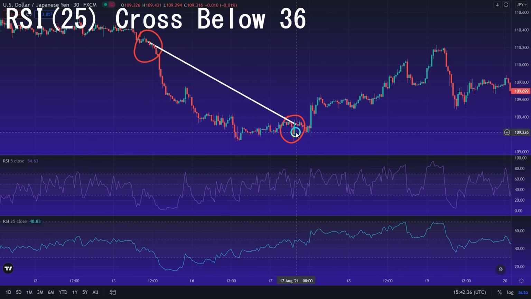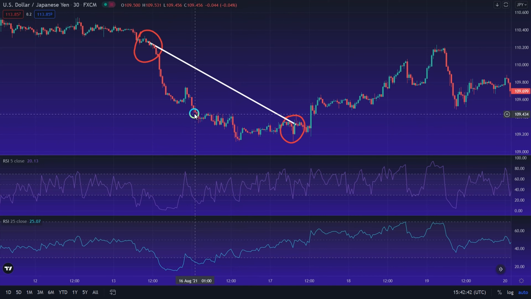And in my opinion, of course, we could close the trade here, but the thing is that traders tell you, oh, this is the place where you should have closed the trade.